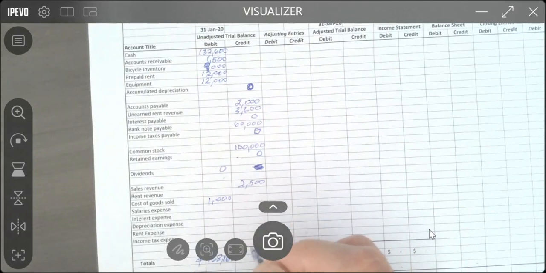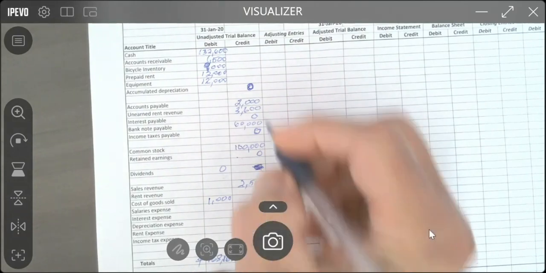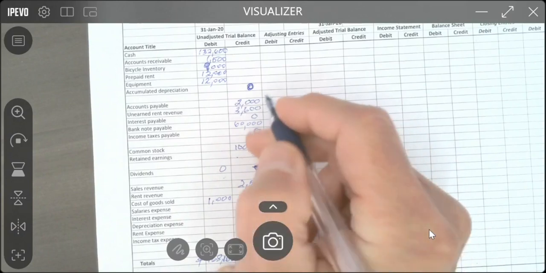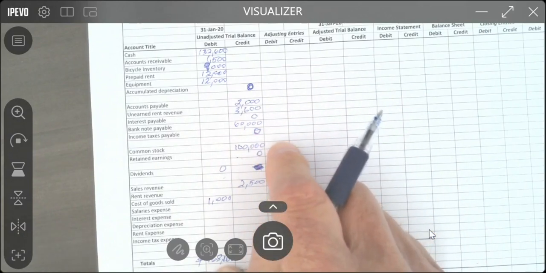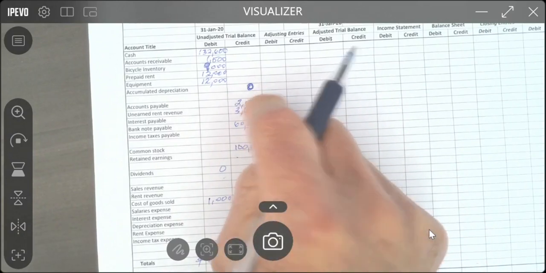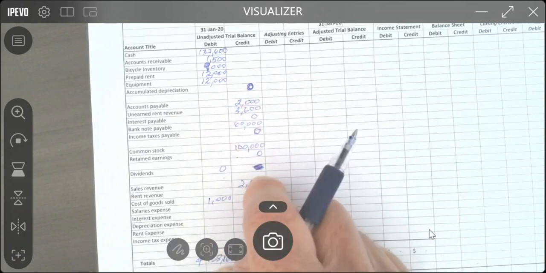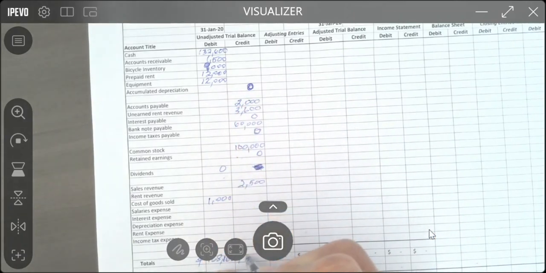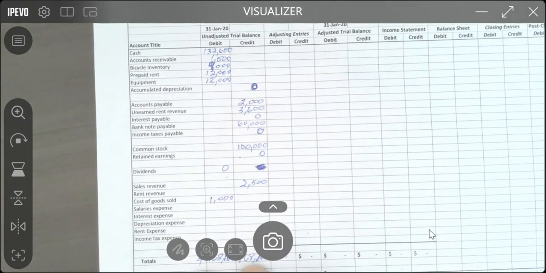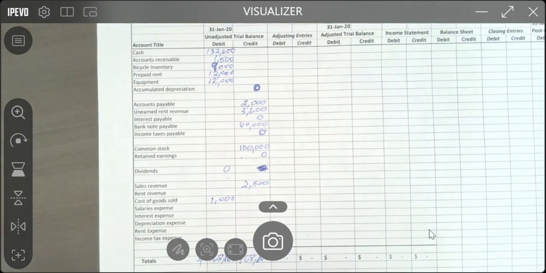The total credits, we can do these pretty quick just to show you in real time. 160, 162, 165.6, 167.6, 168,100. So indeed, debits equal credits, and we are good to move on. And that's the end. That's how you do a trial balance.